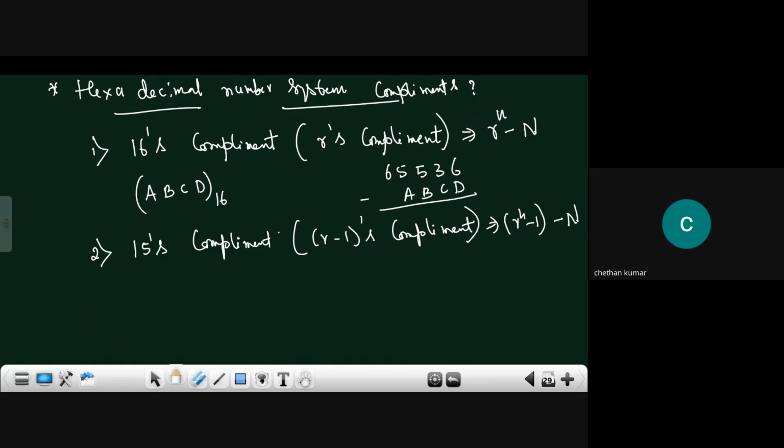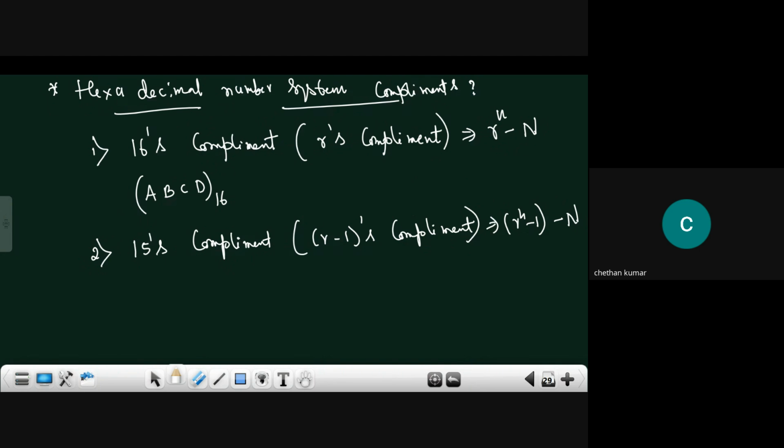Then that number will be subtracted by the number I have given, ABCD. Then you will get the hexadecimal complement, meaning the 16's complement of this number. You can take this as an assignment. Can you try this? Similar to what you have done in octal. Same way. You can take a calculator and solve this problem.